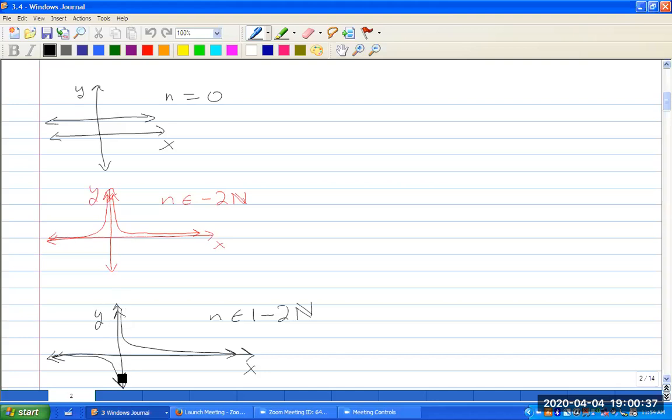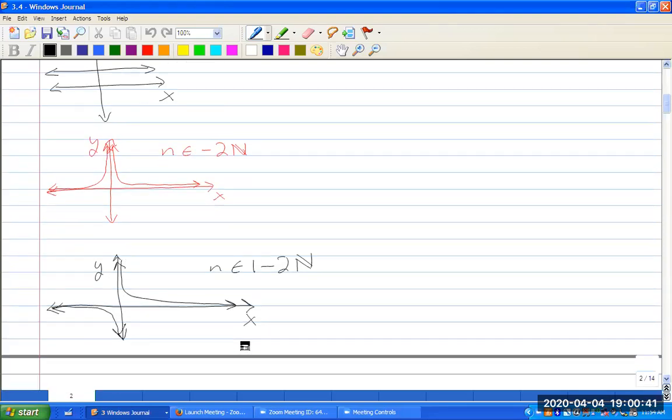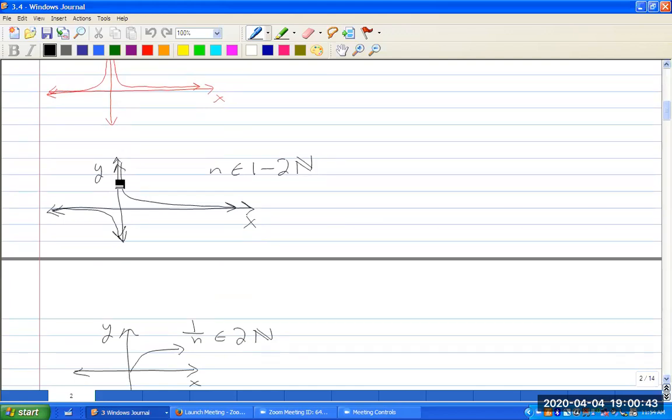It will still blow up at the origin and peter out at infinity. And it'll look like, at least in the first quadrant, something very similar to what we graphed above, but you'll reflect it about the origin so that it's symmetric about the origin. So one looks like this, the other looks like that.